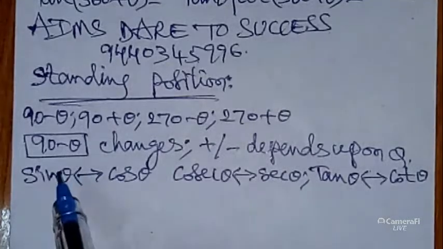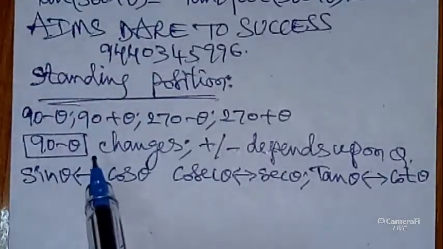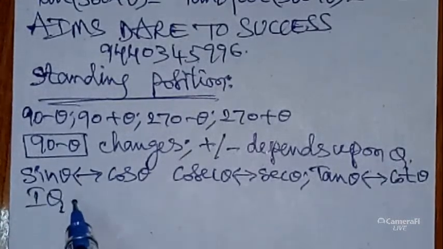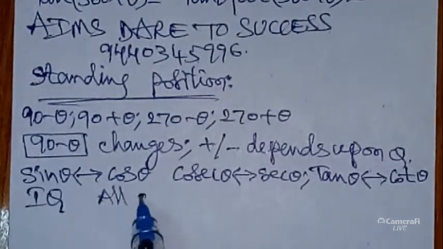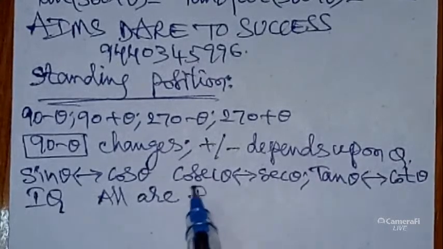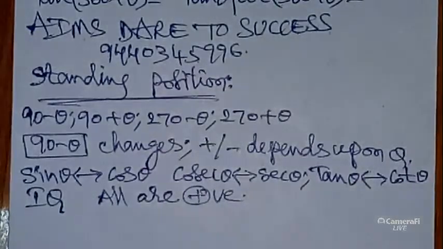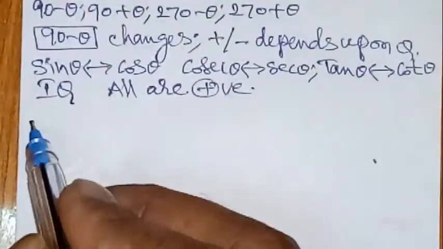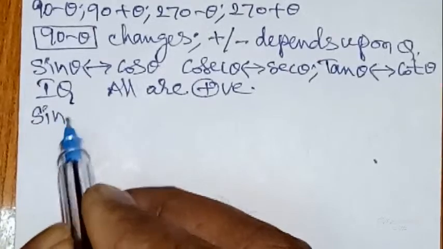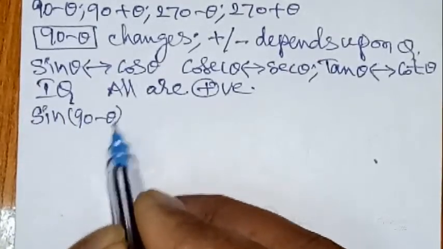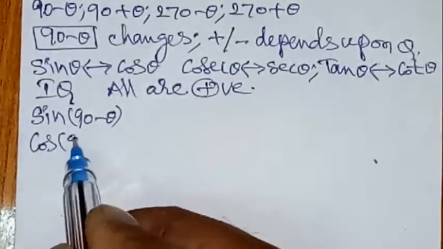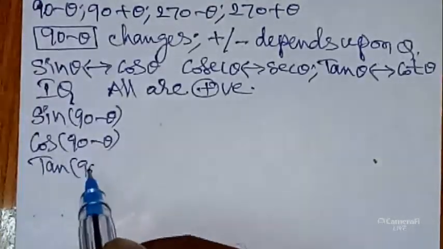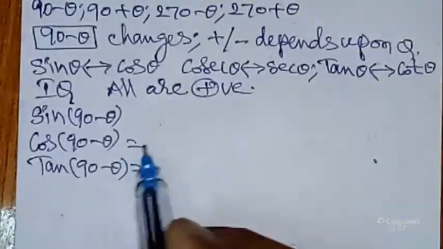Now 90 minus theta means first quadrant. So here I wanted to write first quadrant. In first quadrant all are positive, so there is no negative symbol. Now I wanted to write 90 minus theta related values. Sin 90 minus theta, cos 90 minus theta, tan 90 minus theta.